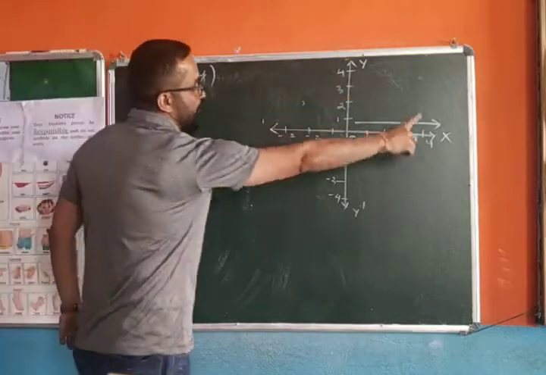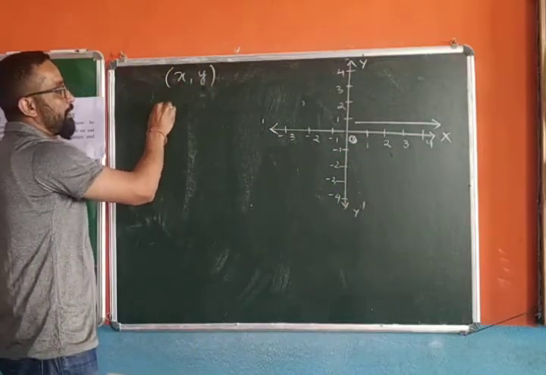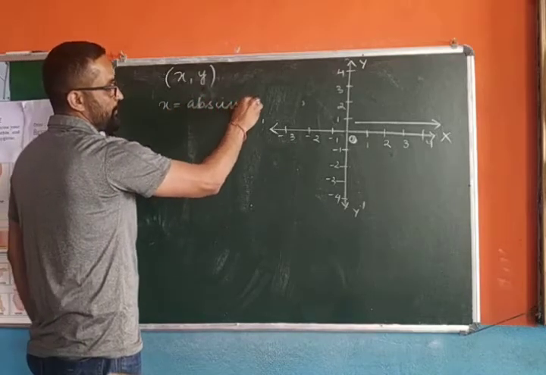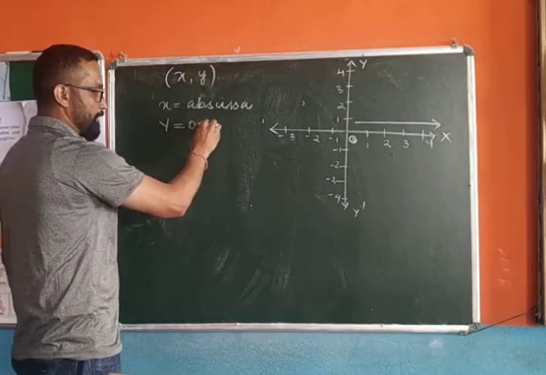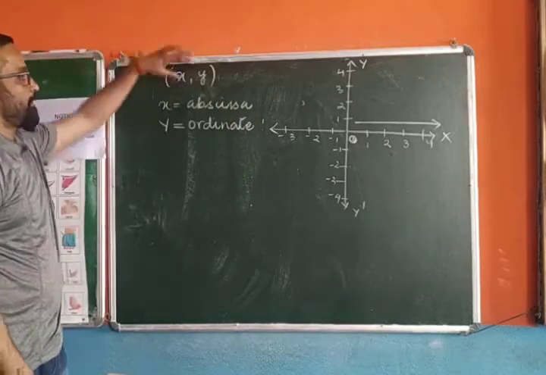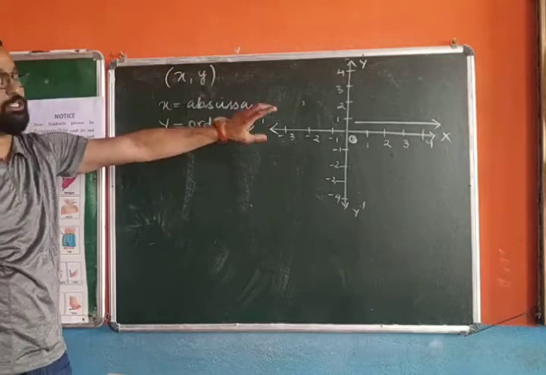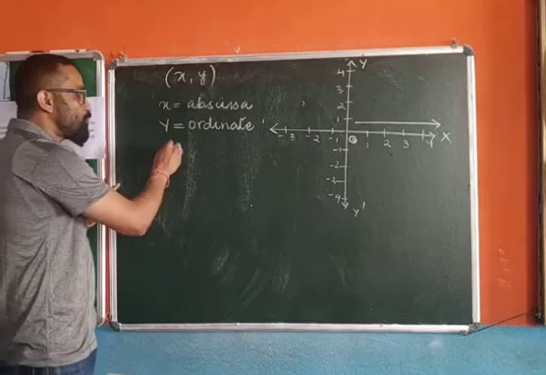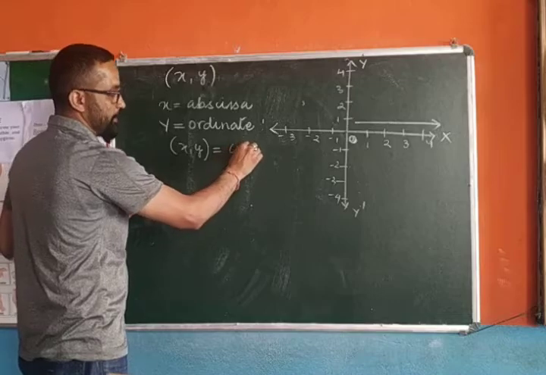In the Cartesian system, abscissa and ordinate together, x and y, we call the coordinates.